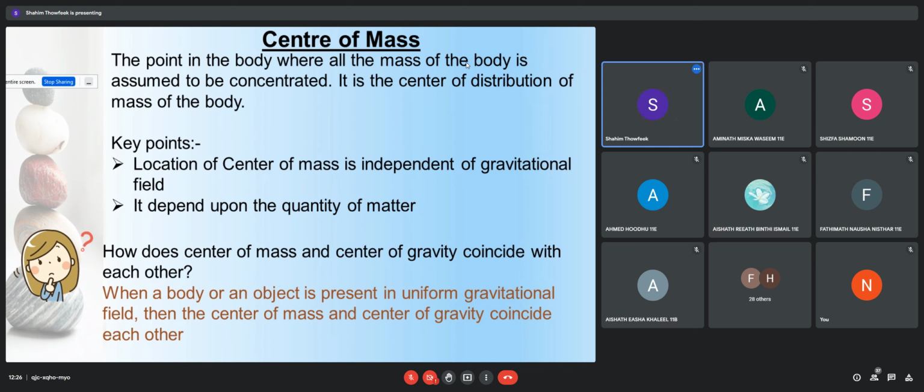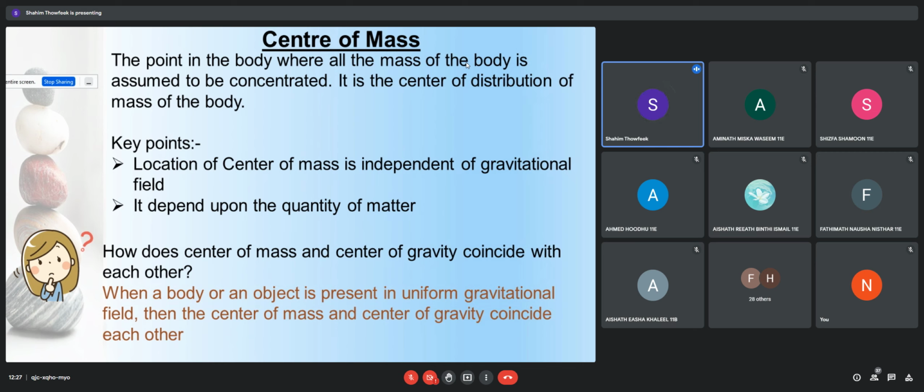Only it will depend on the matter. Matter means the mass of the object.